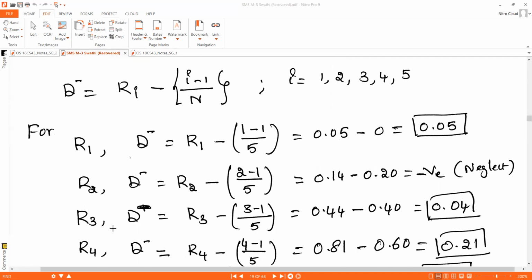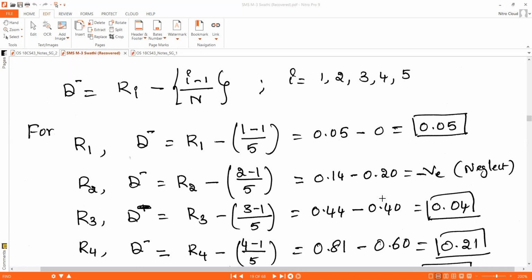Next, we'll find the d minus value when i equal to 3. When i equal to 3, how will the d minus formula become? Wherever i is there, we need to substitute 3 in this formula. So now d minus will become R3 minus (3 minus 1) by 5.